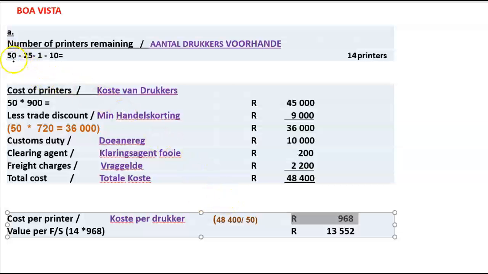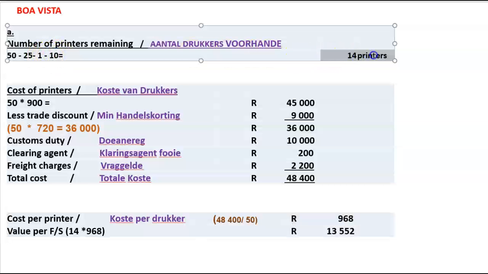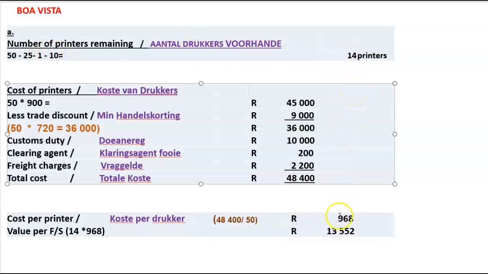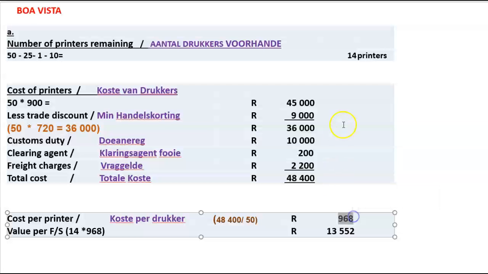We purchased 50 printers, we have sold 25 printers, the owner took one printer for himself, and then we have sold another 10 printers. So at the end of the day, we had 14 printers on hand. We have already calculated the cost price per printer, so 14 times 968 will give us a total value of printers on hand at the end of the day of 13,552.